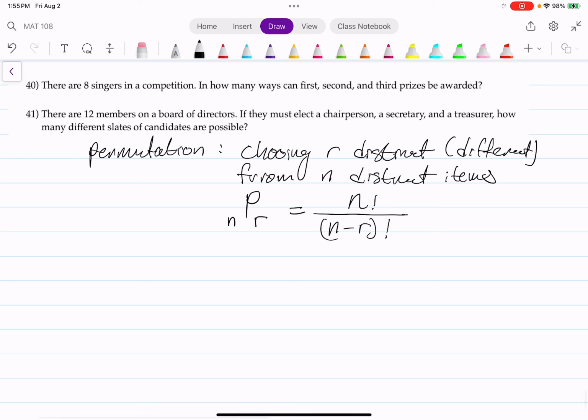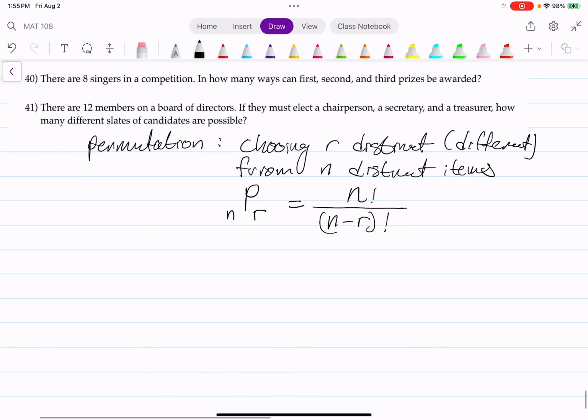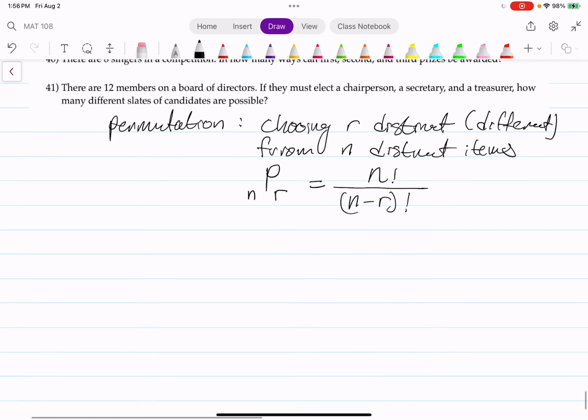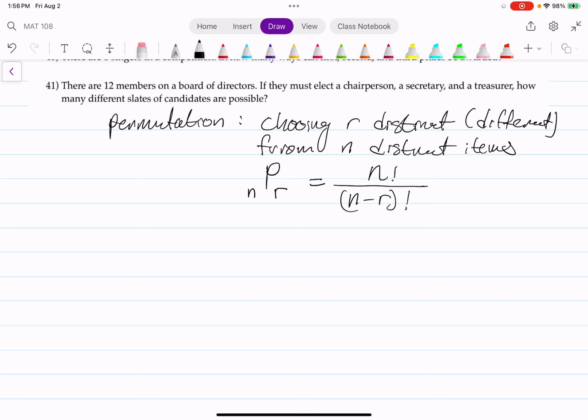And you can also use the fundamental counting principle in this case as well. So I'm going to do it 3 ways actually. I'm going to do it by using first the fundamental counting principle, then the permutation formula, then the TI-84 calculator. So way number 1, the fundamental counting principle.